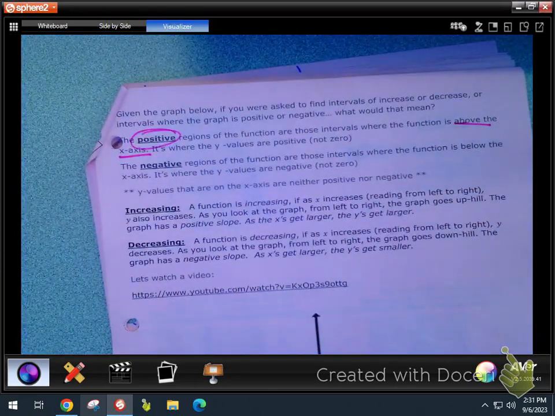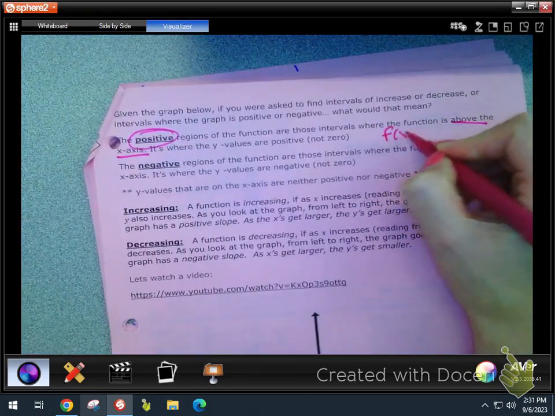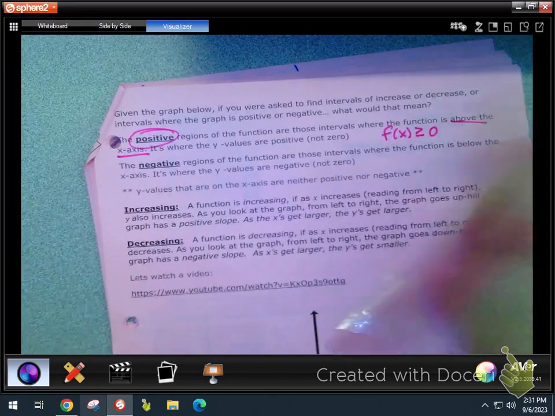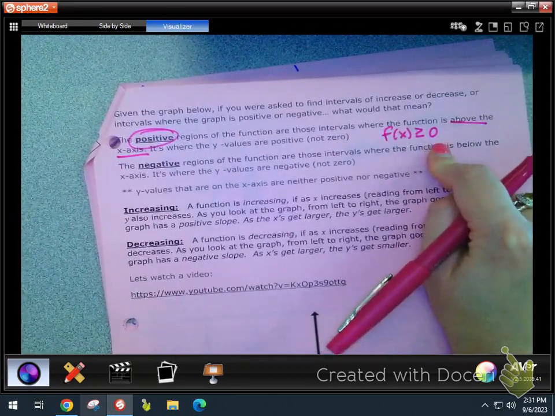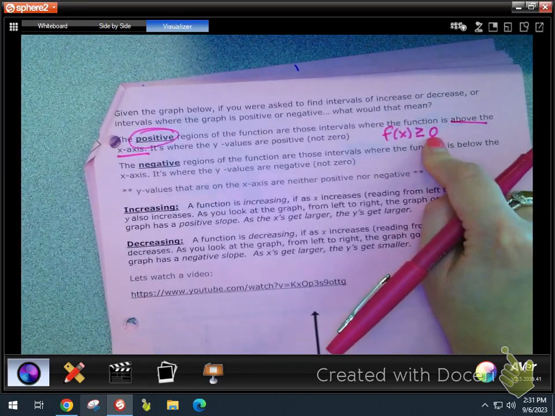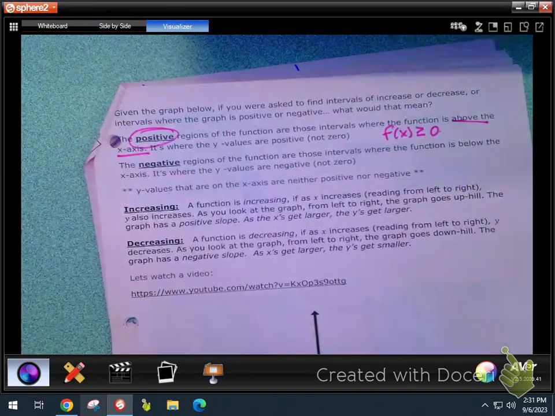Delta Math is a little bit picky, and they will say where is f of x greater than or equal to 0, and that means you need to include that x-intercept, but most of the time we'll use parentheses. So if you get that, we'll talk about it.